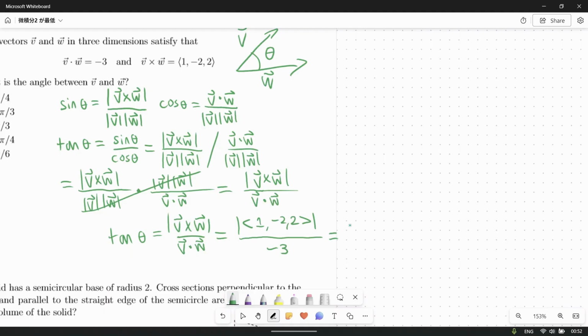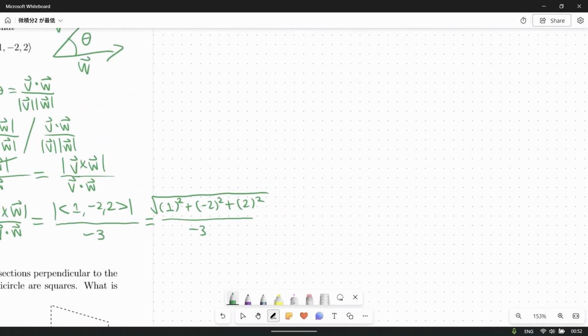So that would look like the square root of 1 squared plus -2 squared plus 2 squared, over -3. And that magnitude calculation is going to allow us to turn our vector into a scalar. And so then this would be equal to just 3 over -3, which equals -1.